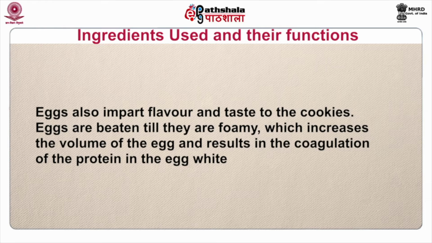Eggs are beaten till they are foamy, which increases the volume of the egg and results in the coagulation of the protein in the egg white. This gives structure to the cookies. Eggs that are used in making cookies must be fresh, since older eggs give off flavor. This has an adverse effect on cookies.